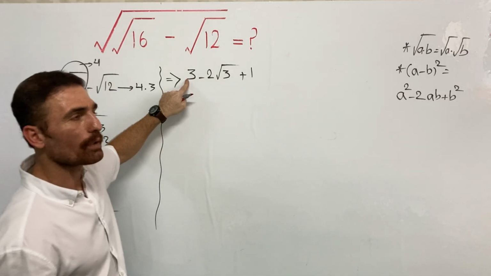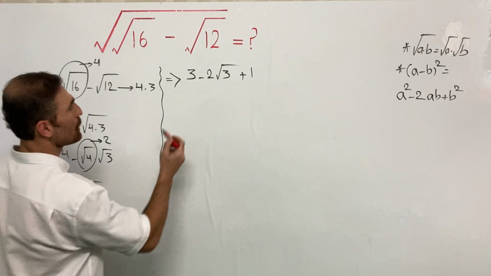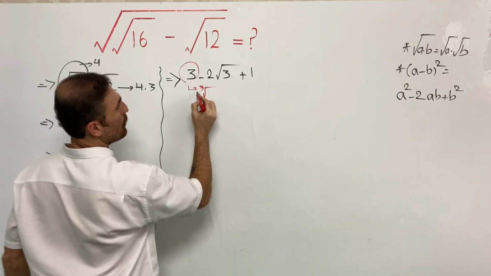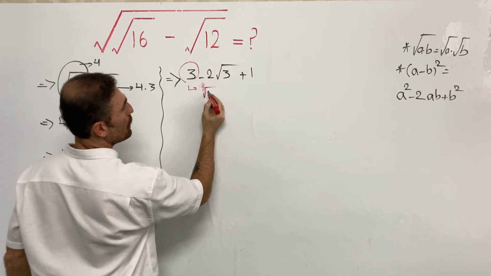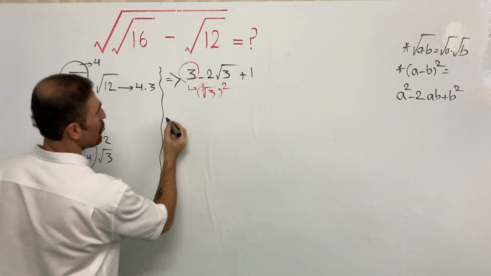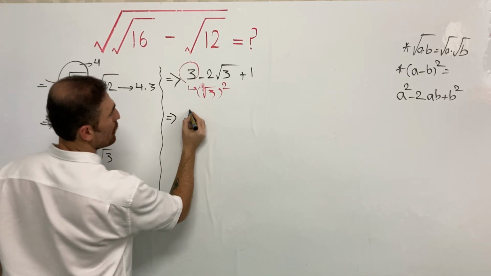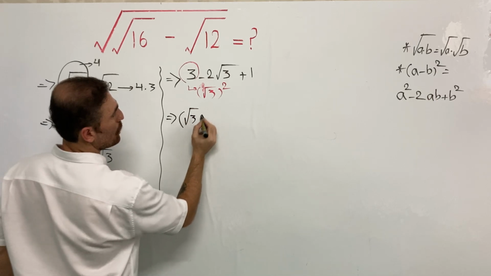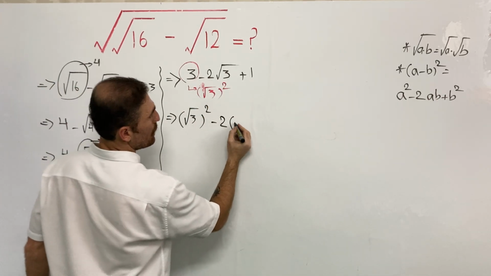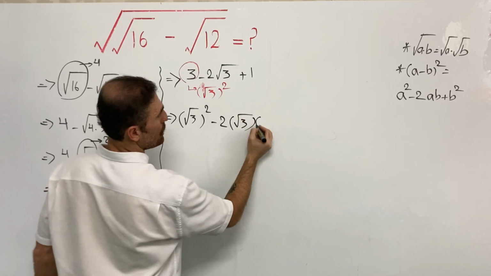3 is not a perfect square, but 3 can be written as the square root of 3 to the power of 2, right? Let's see what we have here. I write the square root of 3 to the power of 2 instead of 3, minus 2 times the square root of 3 times 1.